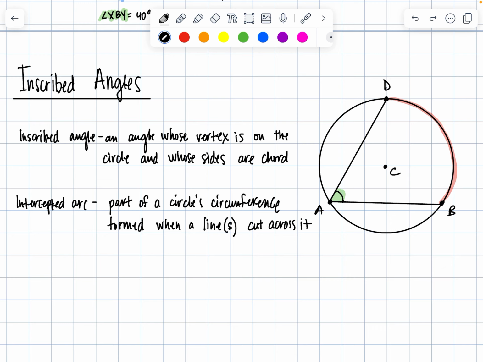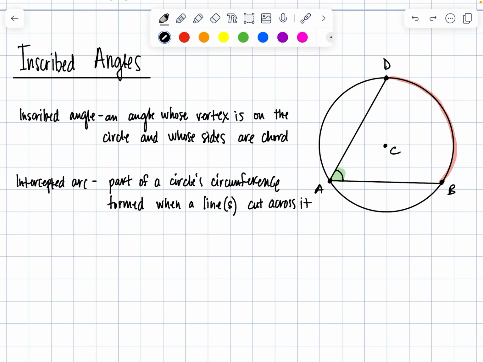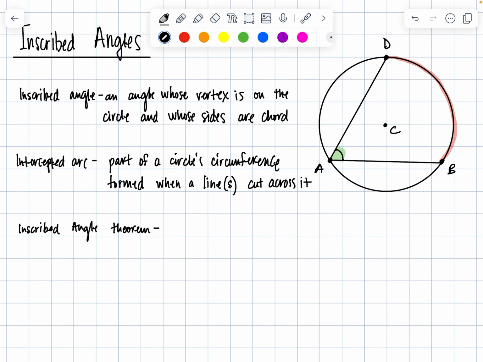Okay, and here's your theorem for it. Anytime we have an inscribed angle, we could use this kind of formula. So it's our inscribed angle theorem, and it's very, very easy. We're going to define it. Inscribed angle theorem. And here's a rough definition of it.